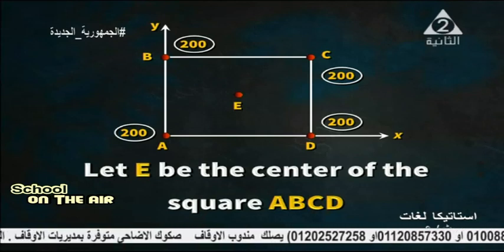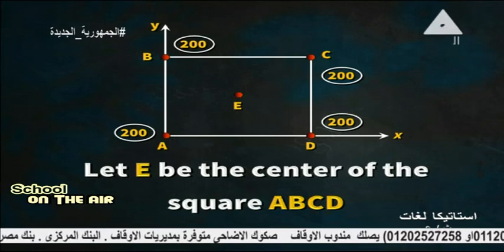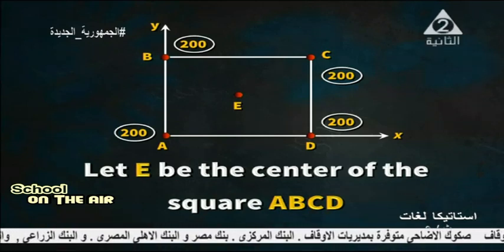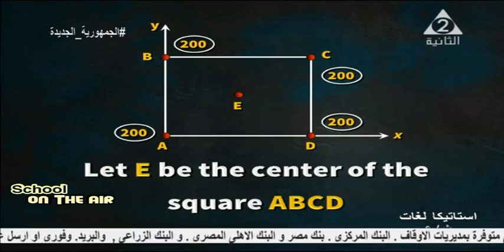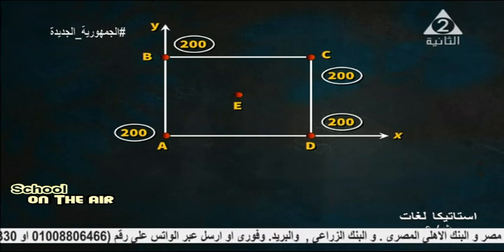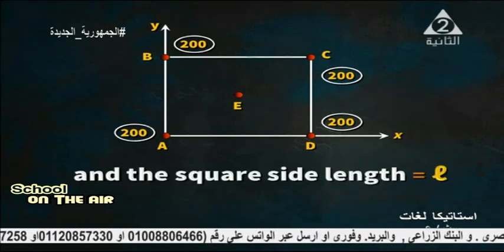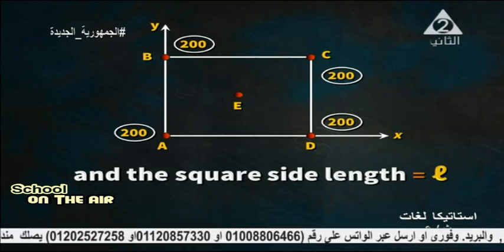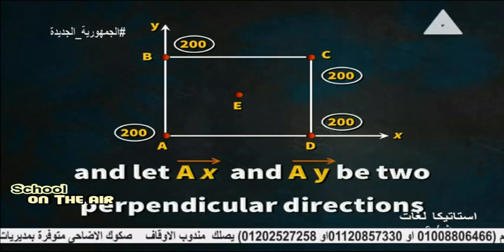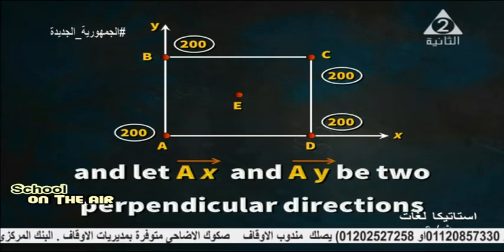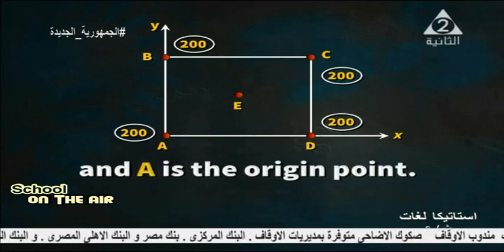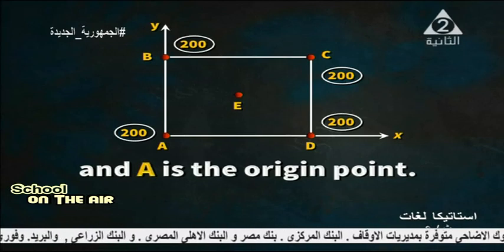We know that the center of gravity of a shape or lamina such as a square is the intersection point of its diagonals. E is the center of the square, and the square side length equals L. We suppose AX and AY are two perpendicular directions, and A is the origin point, 0, 0.